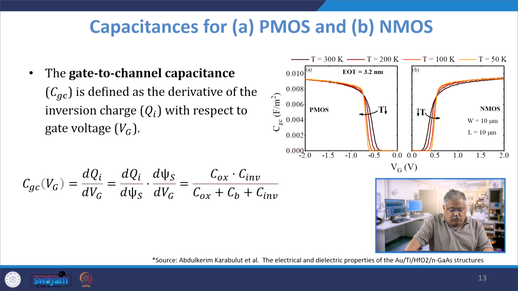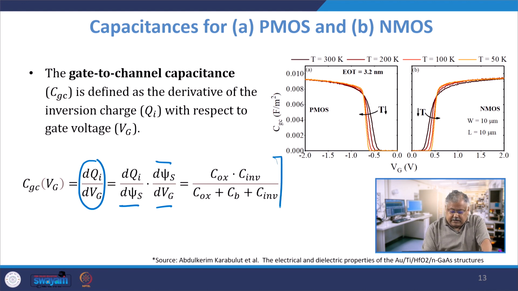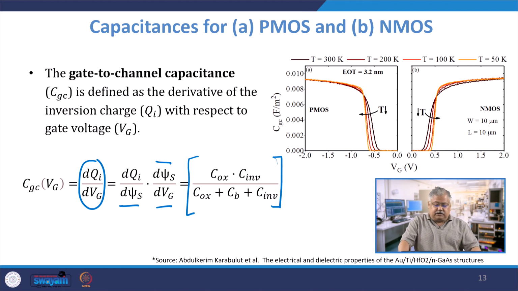So, if you look at this formula here, I can write this as dQi/dVg, and this can be broken into dQi/dpsi into dpsi/dVg, because I am using surface potential. If you do a small amount of manipulation, I get the final expression for CGC, and it depends upon the product of oxide and inversion capacitance divided by oxide plus bulk plus inversion capacitance.